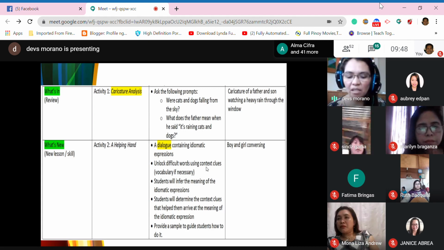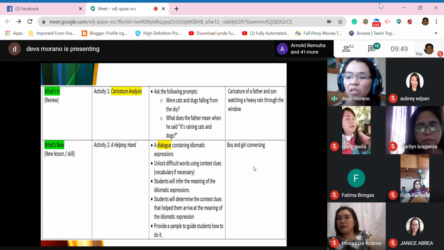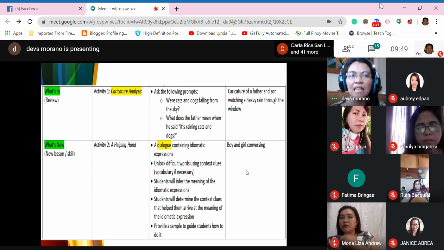For this, there are different ways of introducing a new lesson. You can have a song, a reading selection, a picture, a graphic organizer or anything that will allow you to introduce the lesson in a creative, motivating and interesting way.